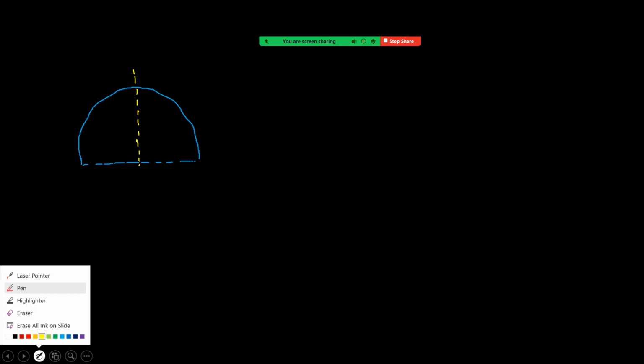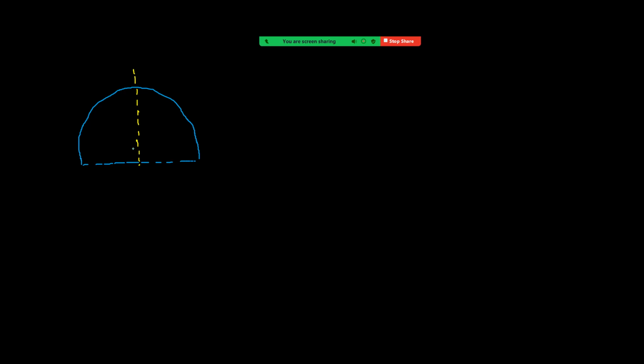Okay. Now let us consider one ring. Sorry, taking a half ring. Consider a half ring. Take its width equal to, so I'm taking a ring of radius r.